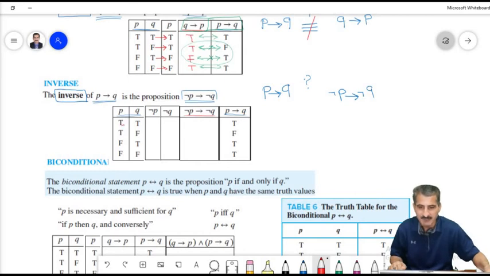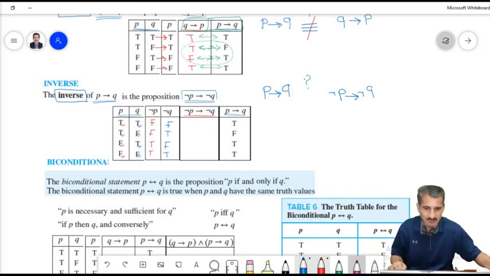P here is true, so negation is false. P is true, negation is false. So this is true, the negation in here, negation is true. Okay? Again, we want to negate Q. Q is true here, so negation is false. It's false here, negation is true. So true, false, and then false, true.